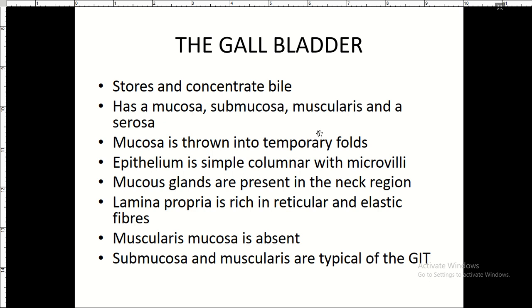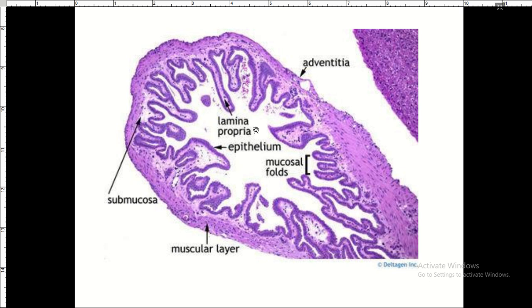So it has a mucosa. There is no submucosa. This has to be corrected. It has no submucosa, right?